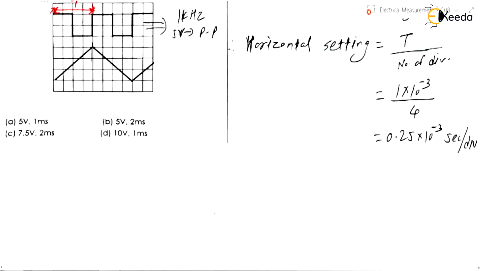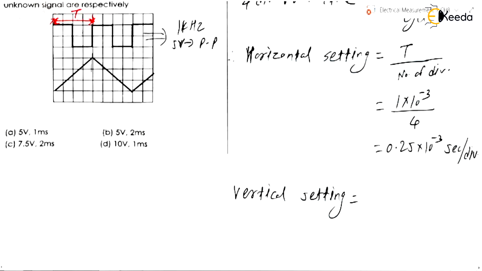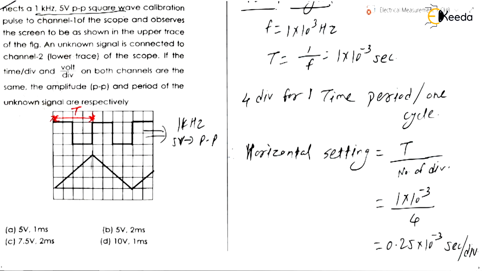Similarly, we can find the vertical setting. We have a 5 volt peak to peak signal. So 5 volt peak to peak means between the lower peak and upper peak the voltage is 5 volt. But between the lower and upper peak, how many vertical divisions are there? Only 2 divisions.